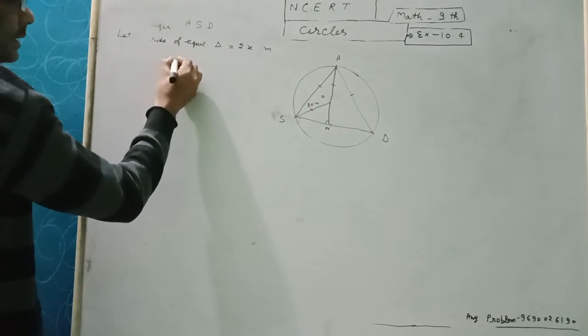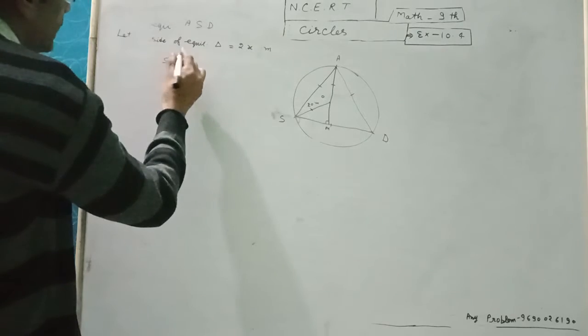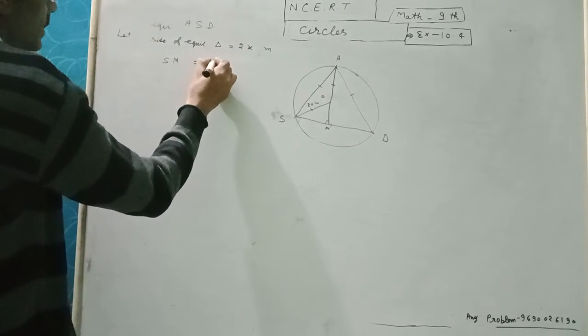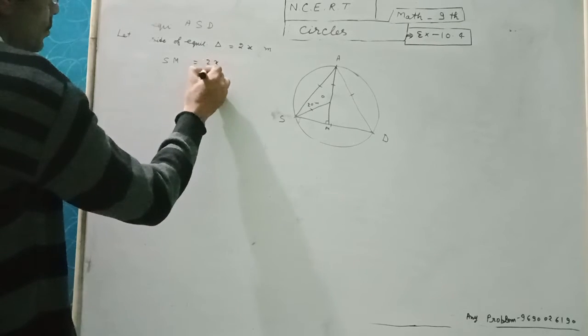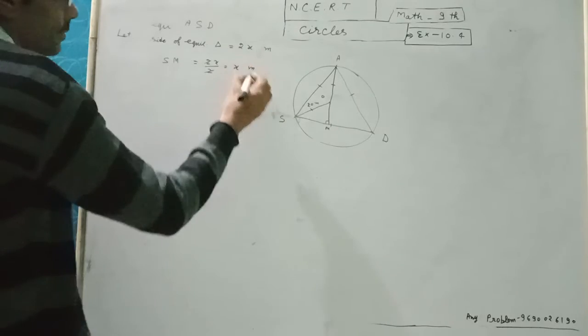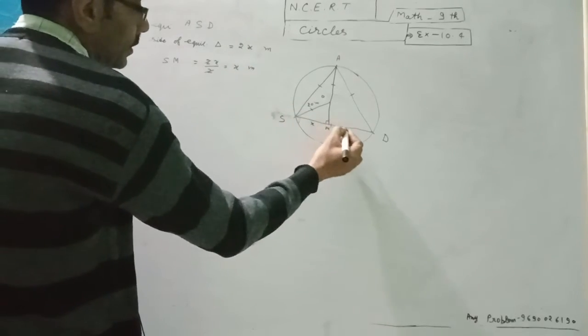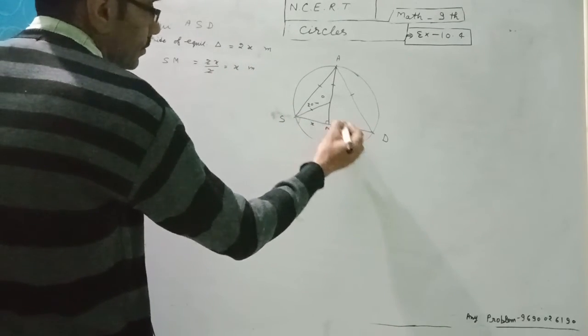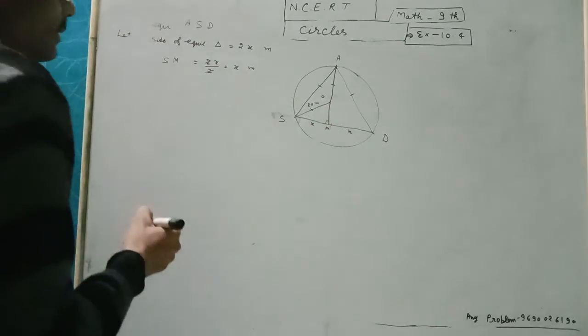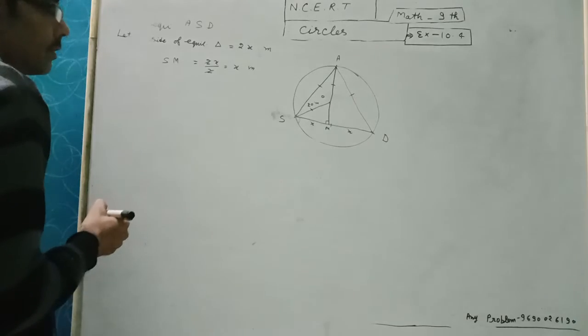Then SM is equal to 2x upon 2, x meter. SD is a chord. Draw the perpendicular from the center, it bisects the chord.